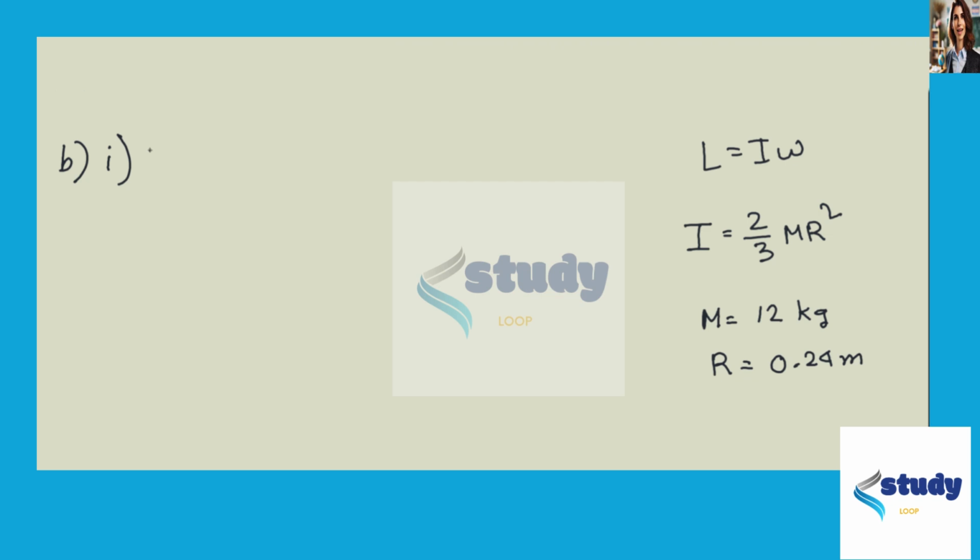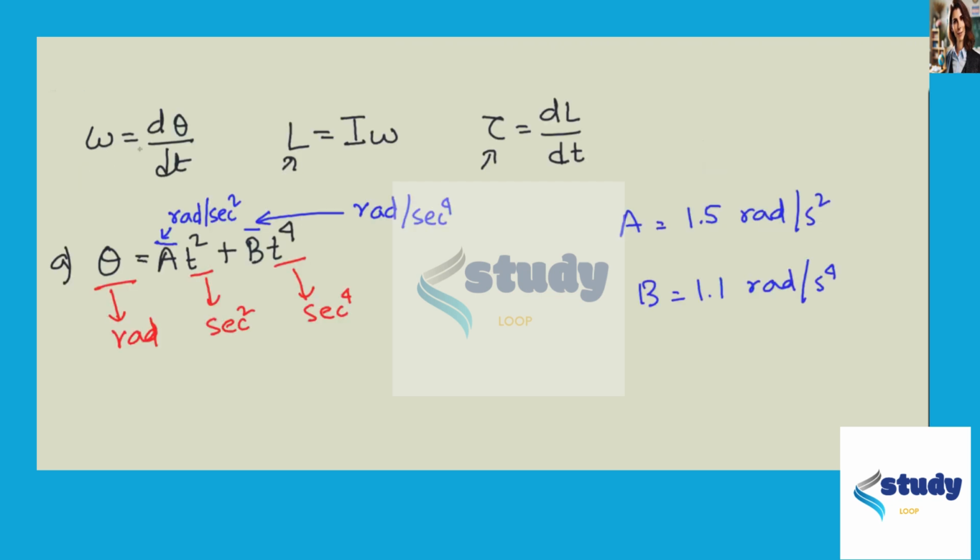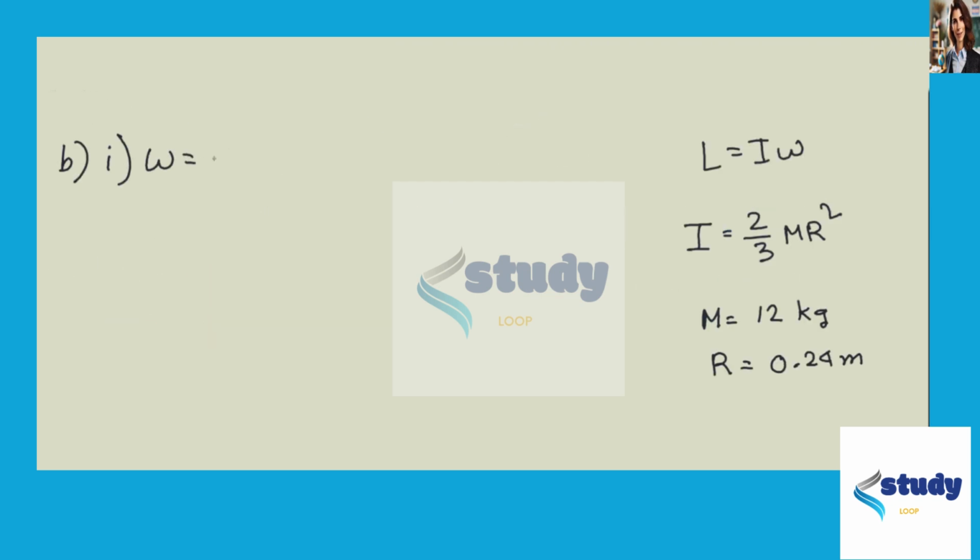Now, what about omega? As we mentioned here, omega is d theta over dt. So it's the derivative of theta with respect to time. If we do that, we'll have d/dt of a t squared plus b t to the power 4.